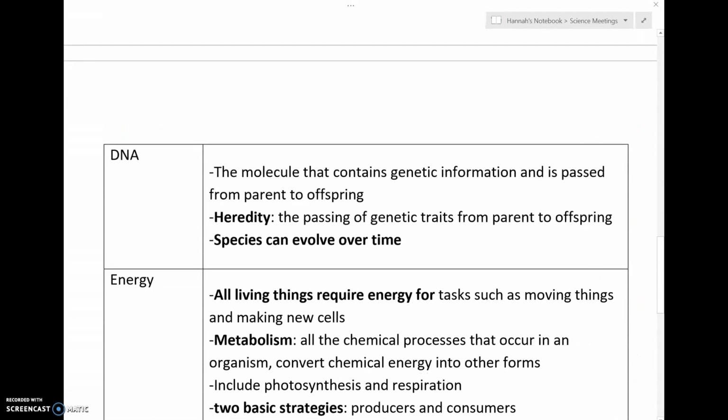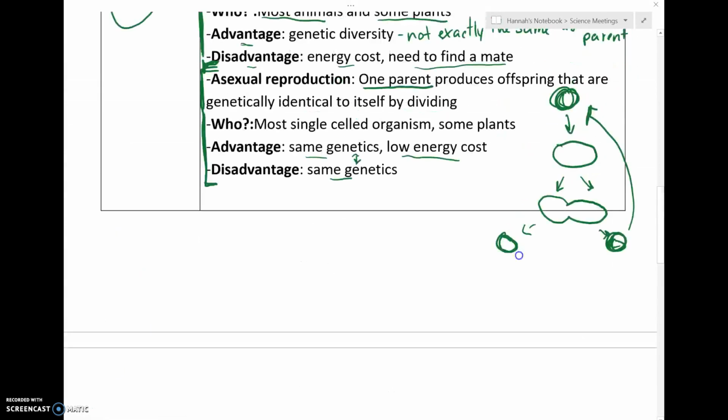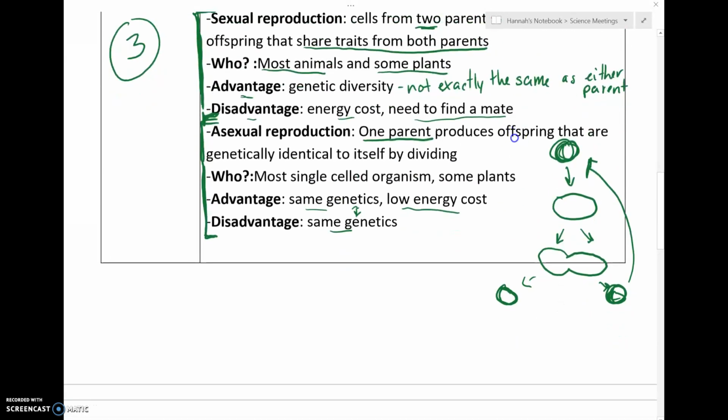Alright. The fourth characteristic that all living things share is that they all have DNA. DNA is a molecule that contains genetic information and is passed from parent to offspring. This term is called heredity, so the passing of genetic traits from parent to offspring, whether going back to the reproduction, right?